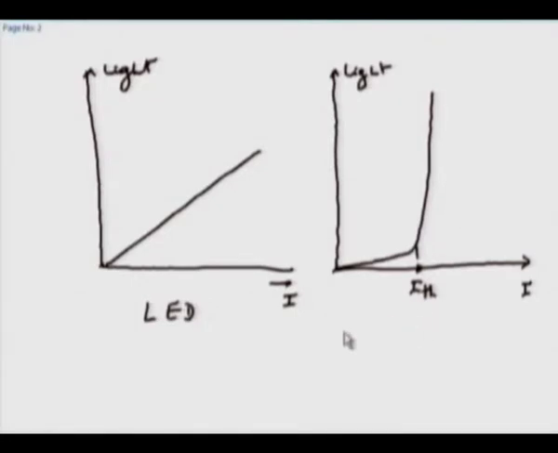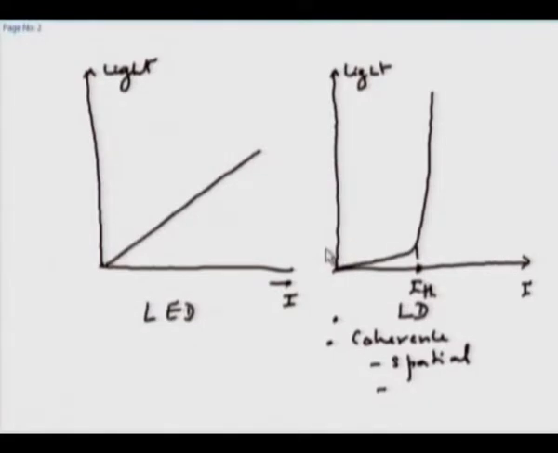Now, the major advantage of a laser diode, which is generally written as LD, is basically coherence. When you talk about coherence, there are two types. One is called spatial coherence, whereby the light is confined to an extremely narrow region, as opposed to an LED where we said the light is isotropic, so it emits from all over the place.